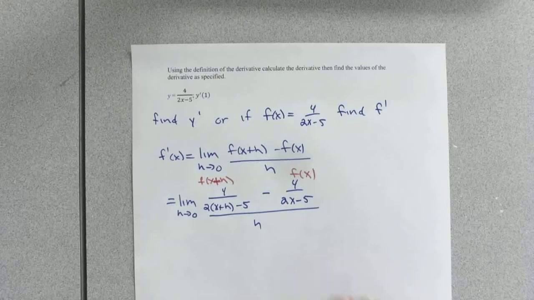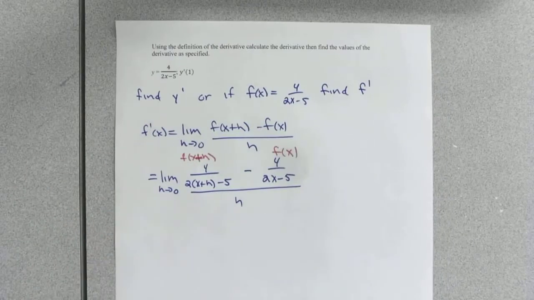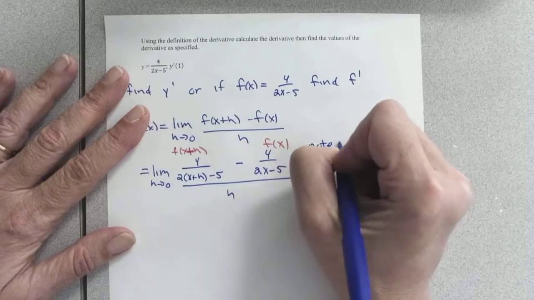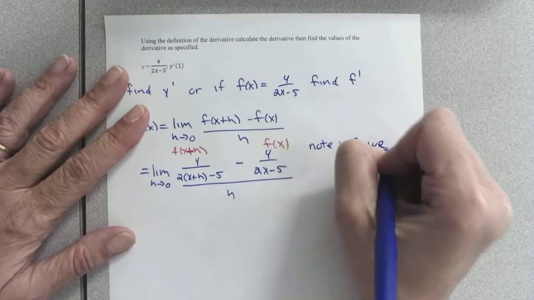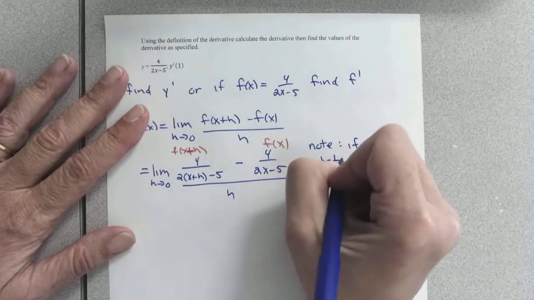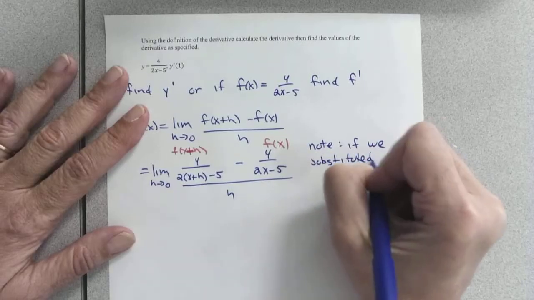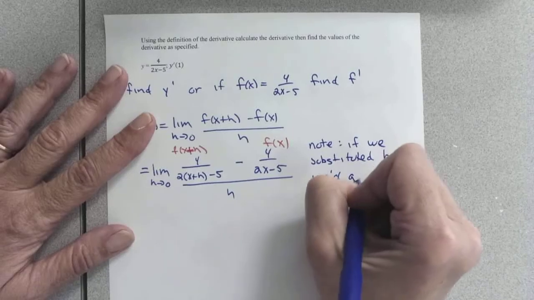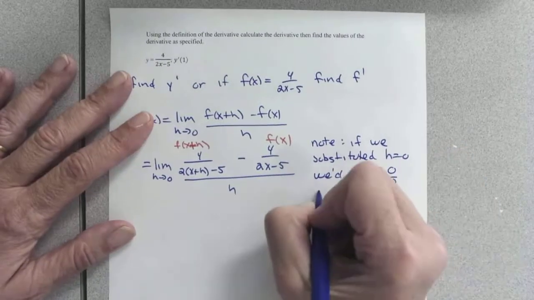Now, I said it before in the previous section, and again I'll say it here. If we were to substitute h equals 0, we'd get 0 over 0, and that's indeterminate.